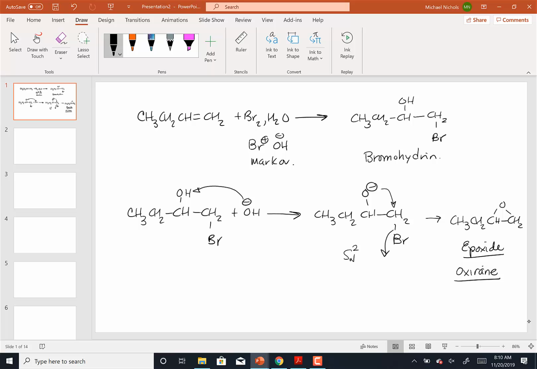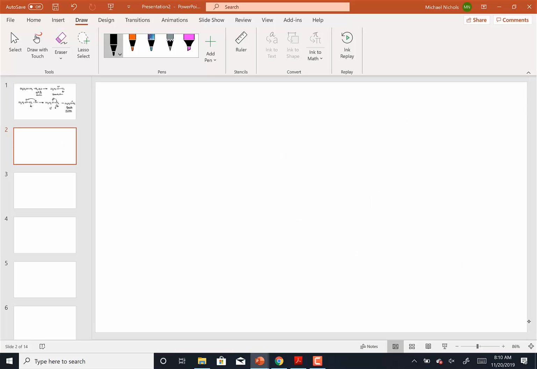So I make this epoxide. There is a much more direct method to make an epoxide, and that is to take that same double bond and react with it what's called a peroxy acid.